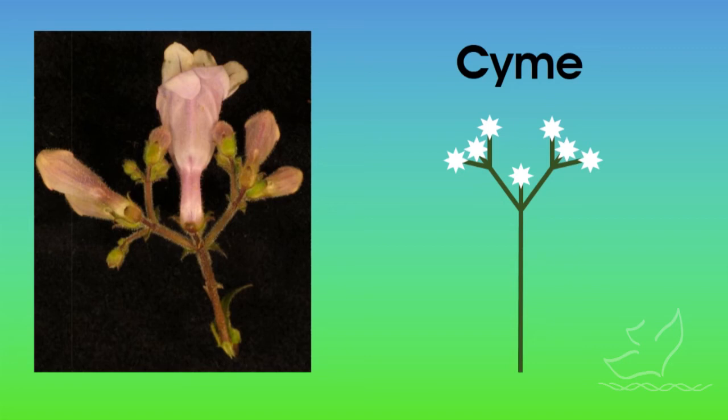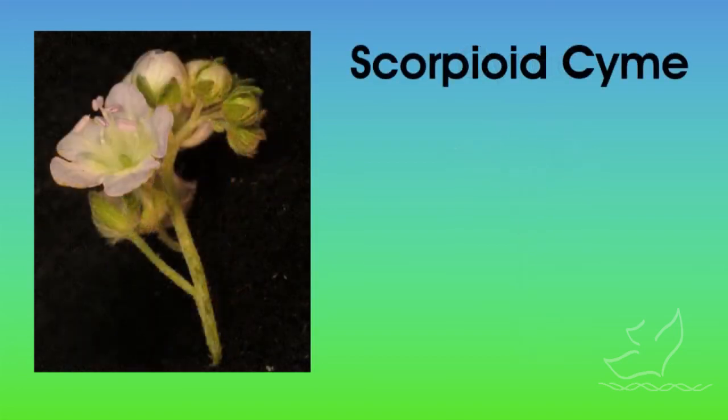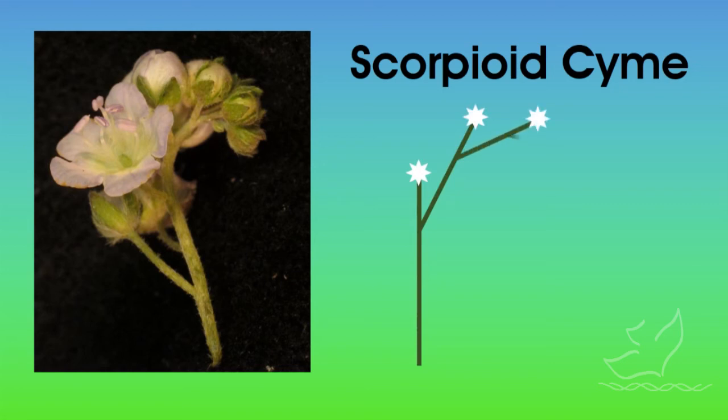However, there are other types of cymes which don't look flat and branched. They look like spikes. This is because you have a cyme in which it develops only on one side, and every time there's a branch that forms, only one flower develops on it. So you end up with what looks like the lowest flower on its flower stalk is actually the flower at the tip of the stem.